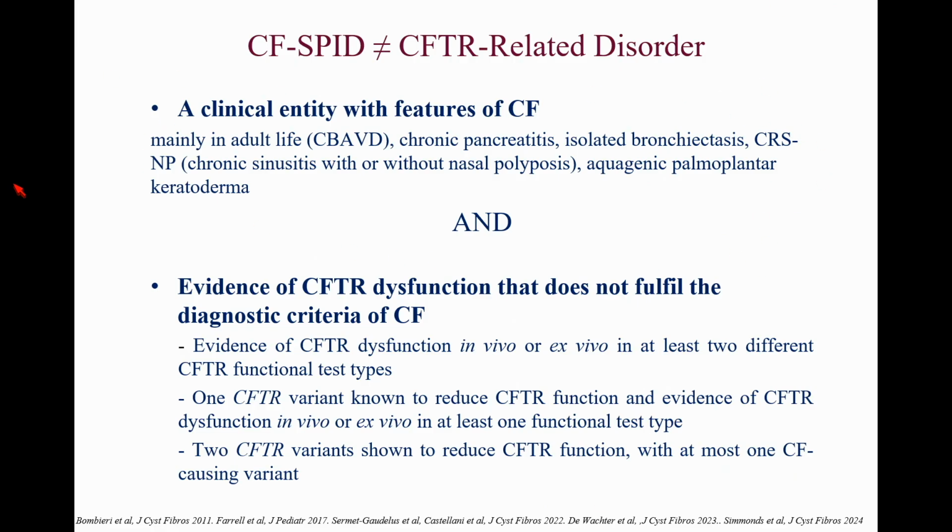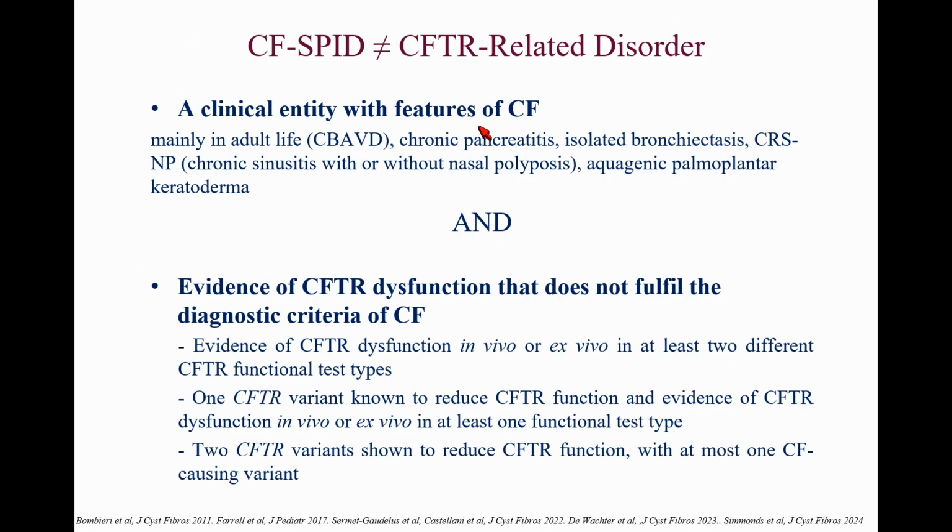CFTR-related disorder is a clinical entity with features of CF, mainly evident in adult life, such as CBAVD, but also including chronic or recurrent pancreatitis, isolated bronchiectasis, chronic sinusitis with or without nasal polyposis, and more rarely, aquagenic palmoplantar keratoderma.